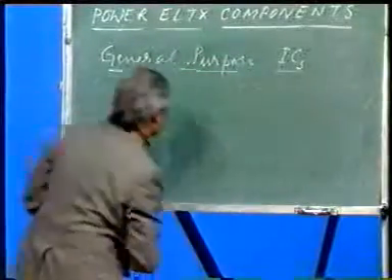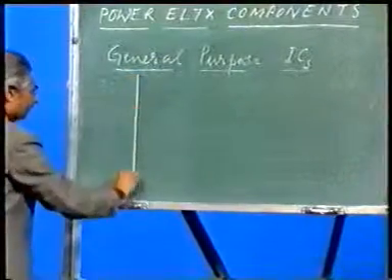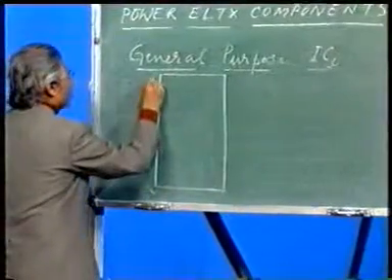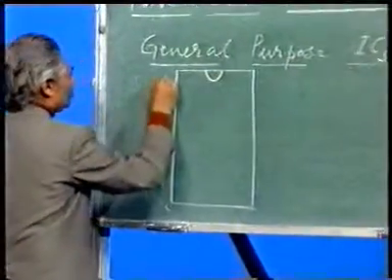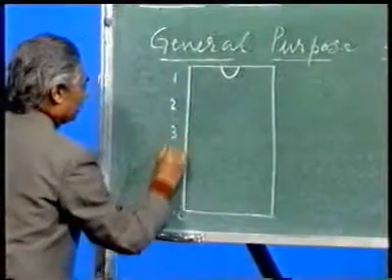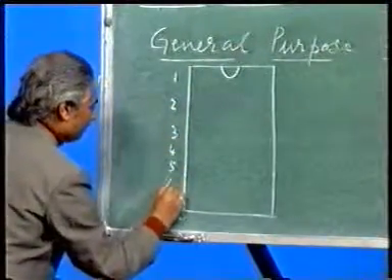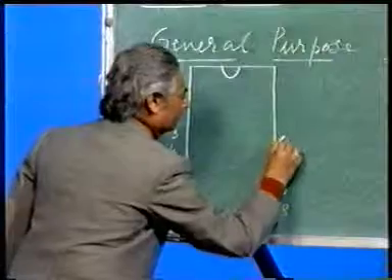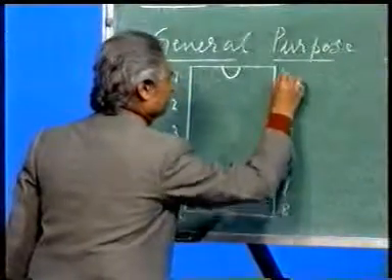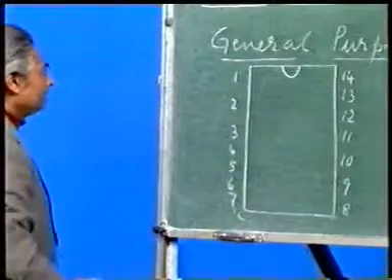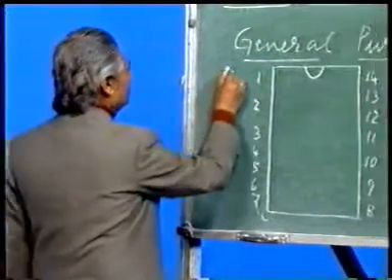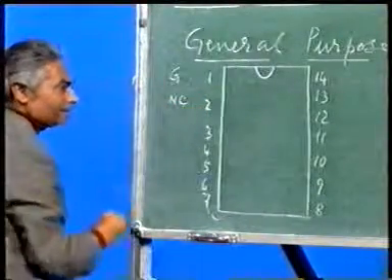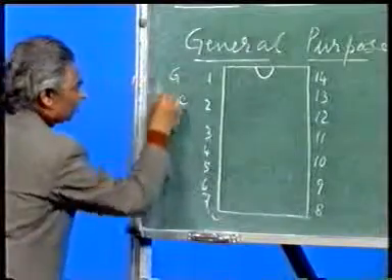It will be like this. Suppose this is the groove, there will be 1, 2, 3, 4, 5, 6, 7 here, then 8, 9, 10, 11, 12, 13, 14. In this case this is G, then there is no connection, then this is T. I will explain what this is.